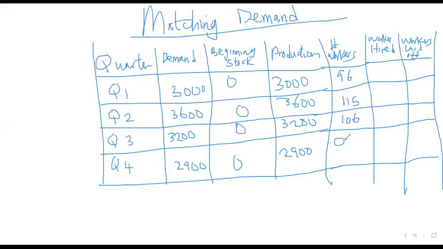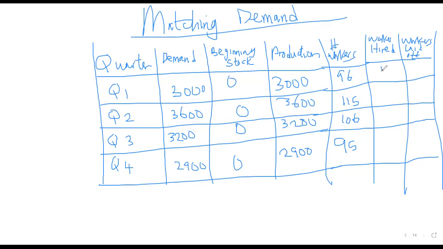Then 95. Now, the quarterly demand pattern is repeating from year to year, meaning that the closing workforce for quarter 4 should be the opening workforce for quarter 1. We should have had 95, but we have 96.